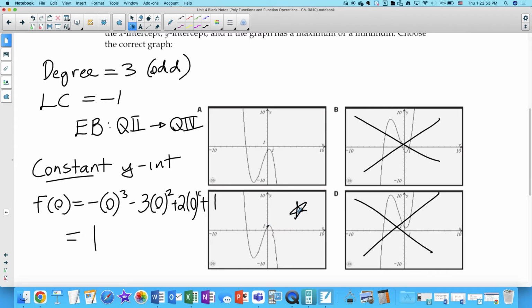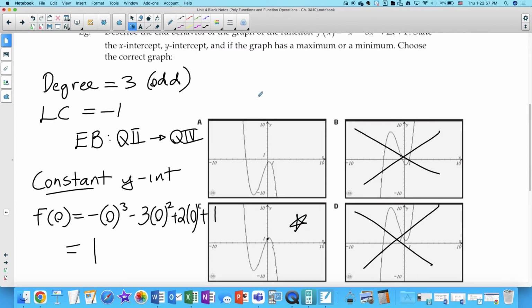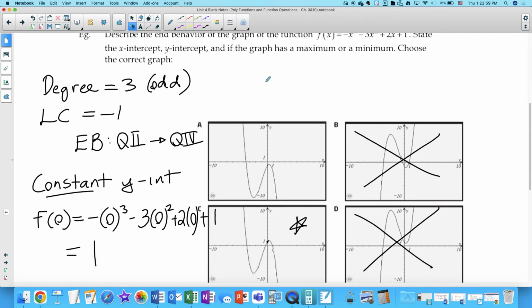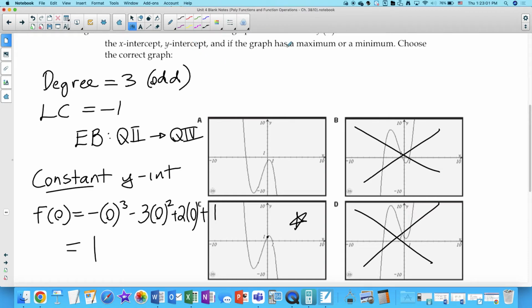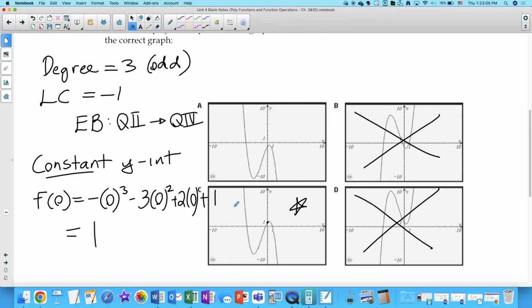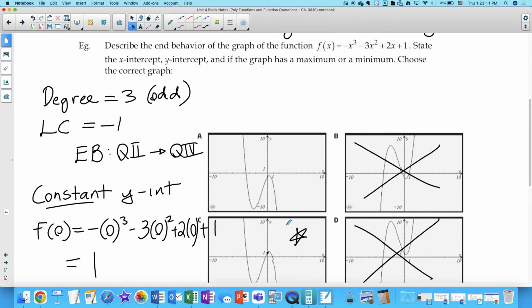Okay, now, state the x-intercept, y-intercept, and if the graph has a maximum or minimum. Okay, so this graph, does it have a maximum or minimum, an absolute maximum or minimum? No, so it doesn't have an absolute max or min. But there is a local max and a local min.